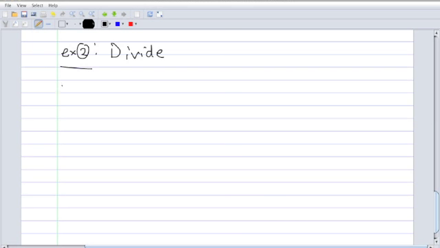Okay, so in this case, we have 2k squared plus 17k plus 30 divided by k plus 6. Now before we were dividing a polynomial by a monomial. This time in the denominator we have a binomial because it has 2 terms.